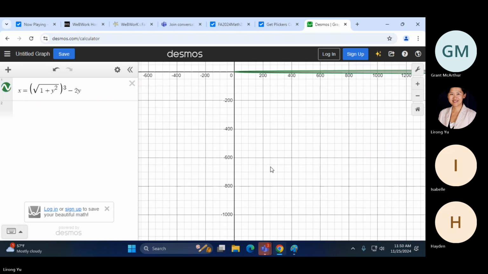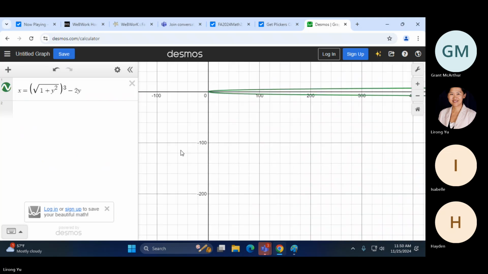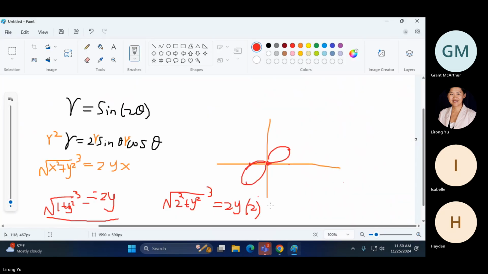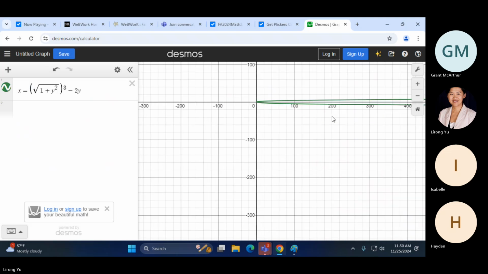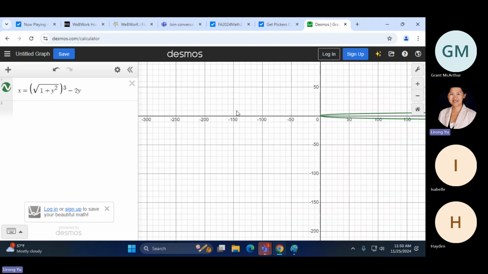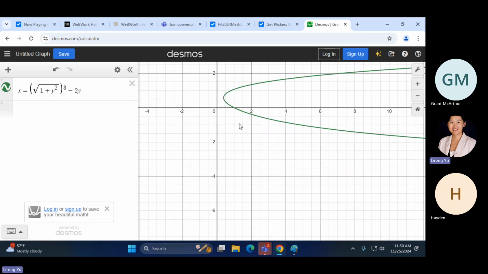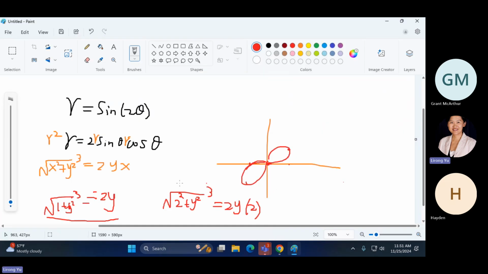Solution. Okay, solution. Maybe I zoom out too much for us to see the solution. Okay. With 1. So that means this point is x equal to 1, y equal to 1.